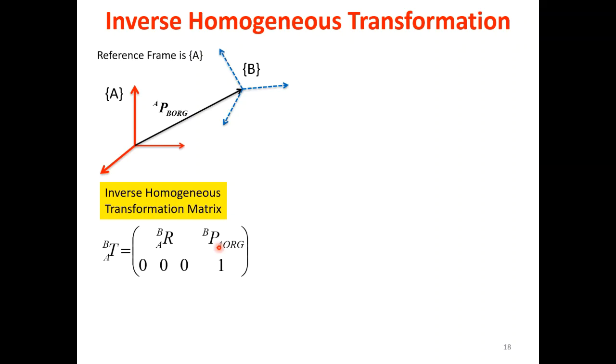So you should be able to write the homogeneous transformation matrix of any two frames, X, Y, PQ or whatever, two frames. Figure out what is the reference frame, what is the relative frame, and then put that into the structure. Right. So we want to find out this one. Now look at the right hand side where you have BAR. Do you know BAR? I think you know it.